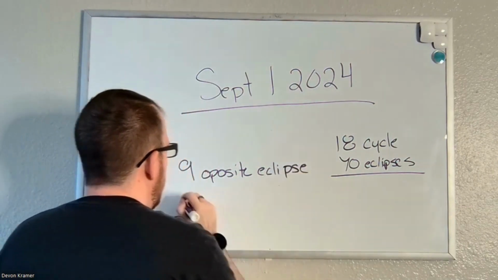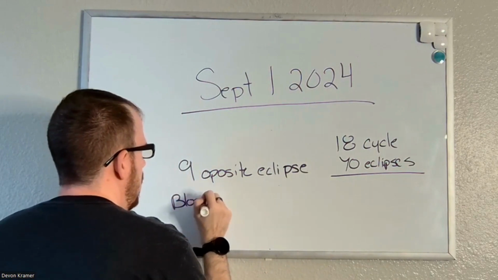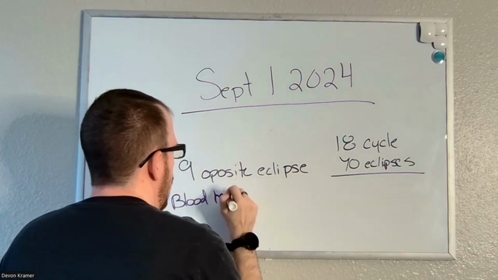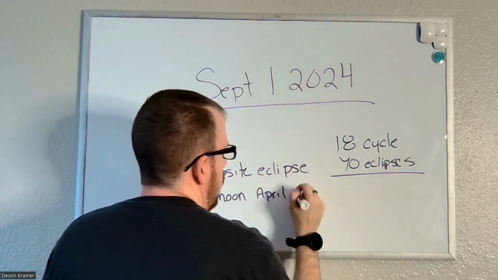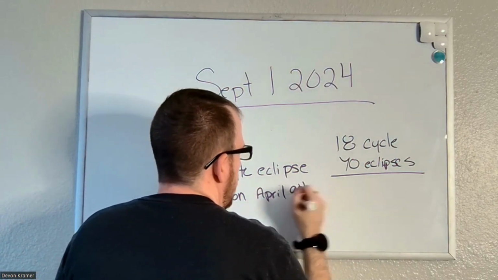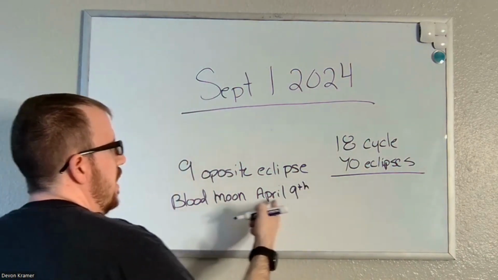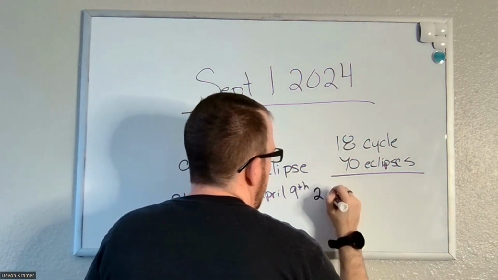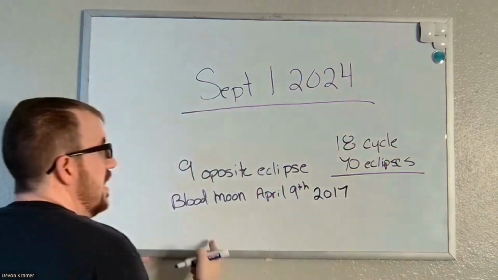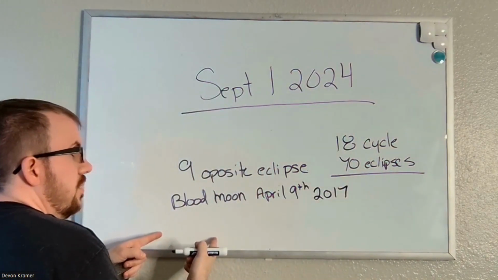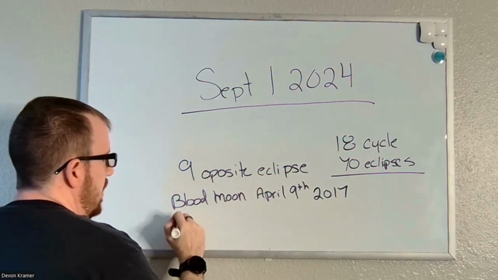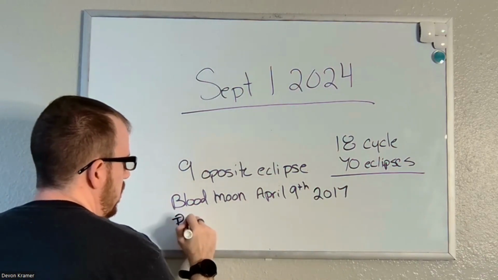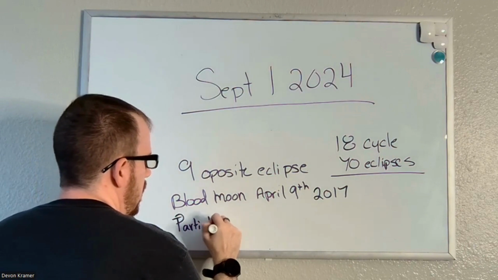So, for instance, if there is a blood moon, let's say on April 9th, 2017, 9 years later there is going to end up being not a blood moon, but a partial eclipse.